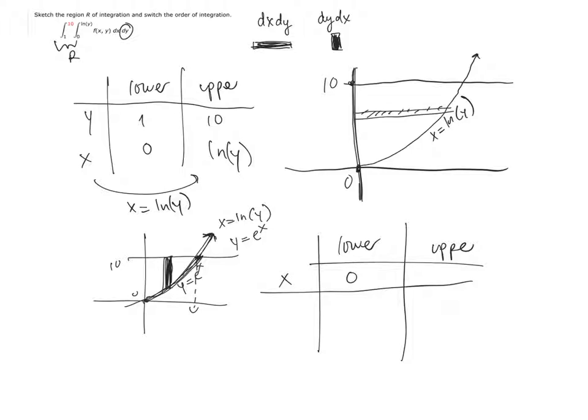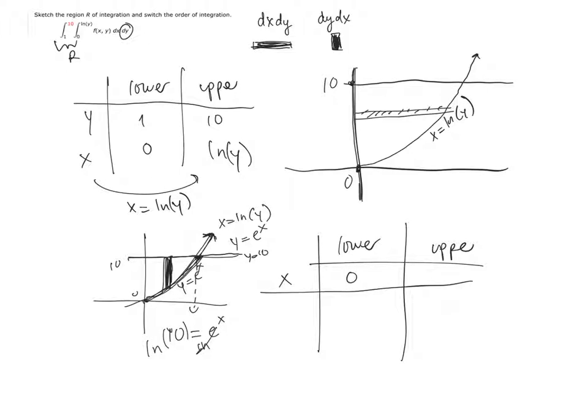It's going to be the intersection of this line, y equals 10, and e to the x. So this is y equals 10 and e to the x. I'm going to set both equations equal to each other, so you get 10 equals e to the x. To solve for x, I'm just going to take the natural log of both sides.